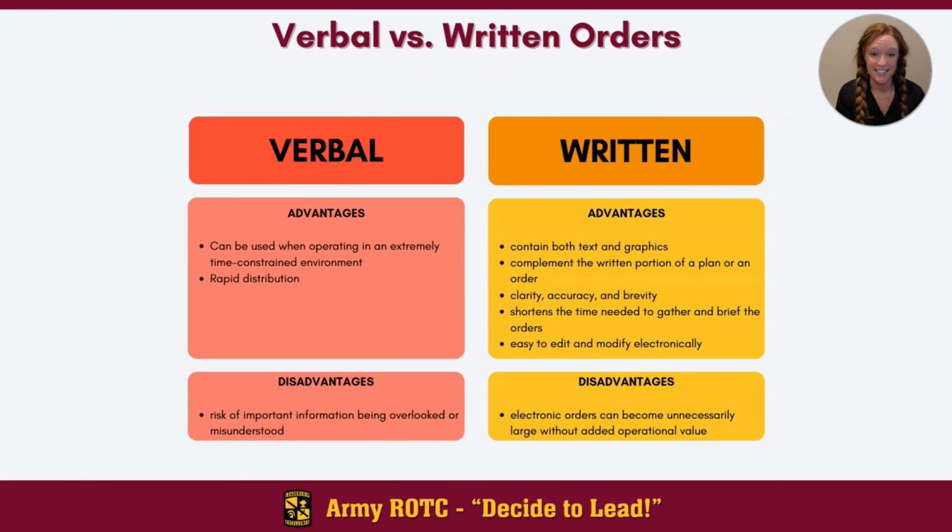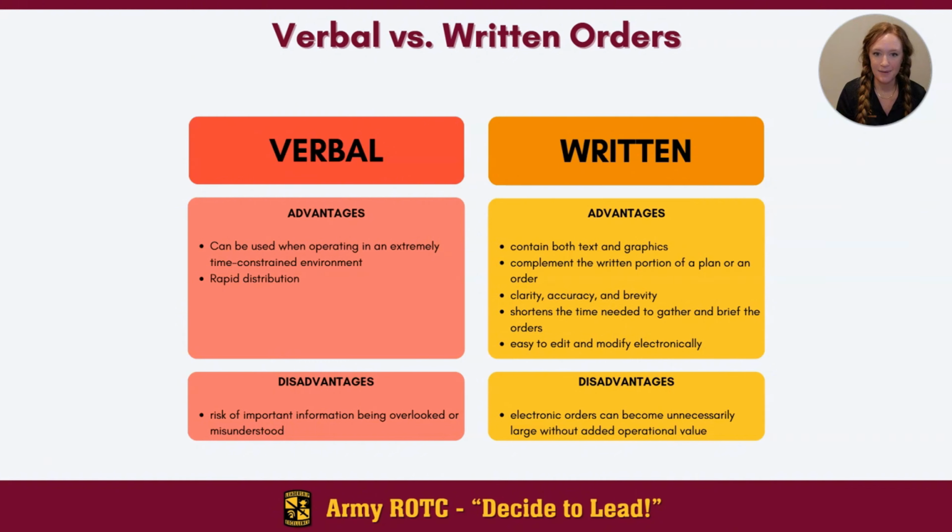And that leads us to verbal versus written, the advantages and disadvantages of both. So these might seem pretty common sense to you, but let's walk through them quickly. For verbal orders, our advantages, they can be done when operating in an extremely time-constrained environment. And they require rapid distribution, and they allow for that.